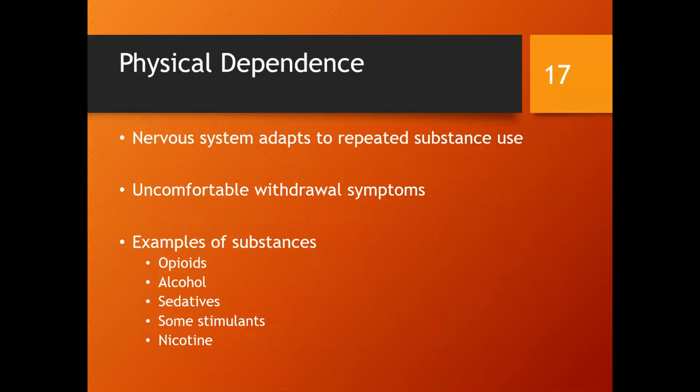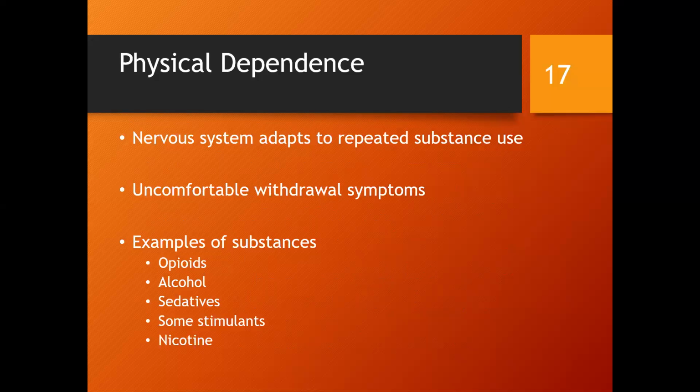All right, physical dependence. This may occur when you're on a medication for an extended period of time. Physical dependence is when the nervous system adapts to repeated substance use, kind of like animals adapt to the weather or changes in the climate. Same thing, your nervous system learns how to adapt to it, okay?